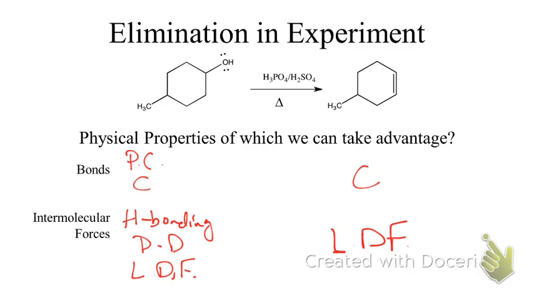A lot or a little in comparison to the LDF? A little. So while it may have a higher melting point or boiling point, there really isn't all that much. We're probably not looking at a solid. Okay? So then we're between liquids and gases. What are the odds we're going to make you work with it as a gas? Not very likely, so we're probably looking at liquids. Okay? So we've got 2 liquids to work with here.